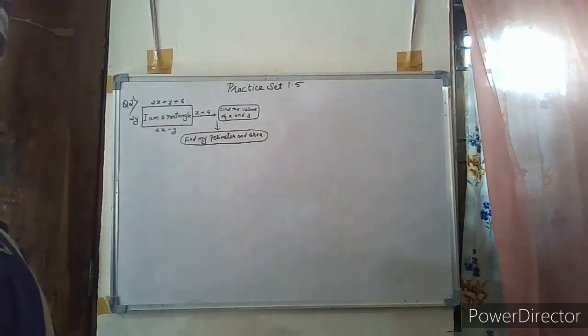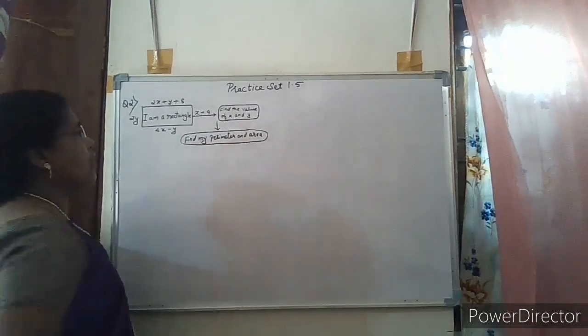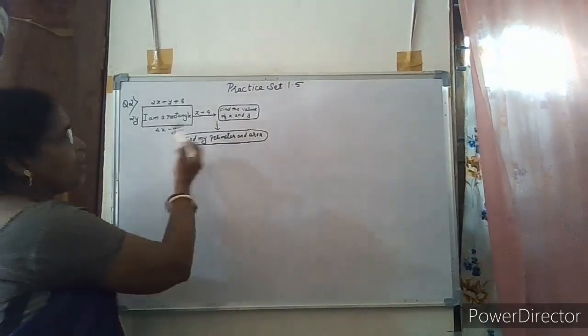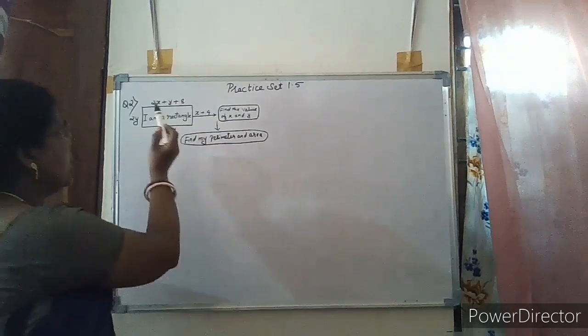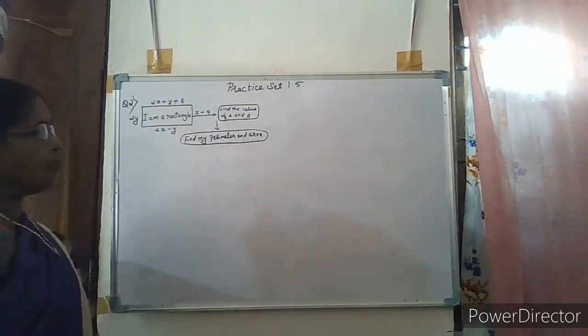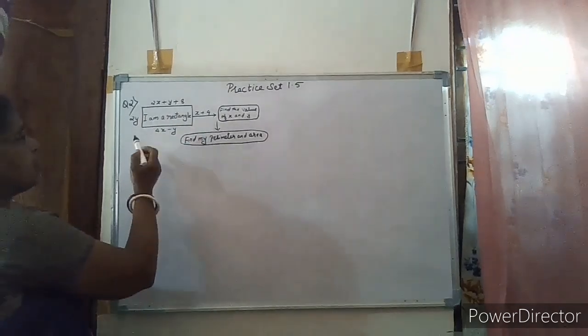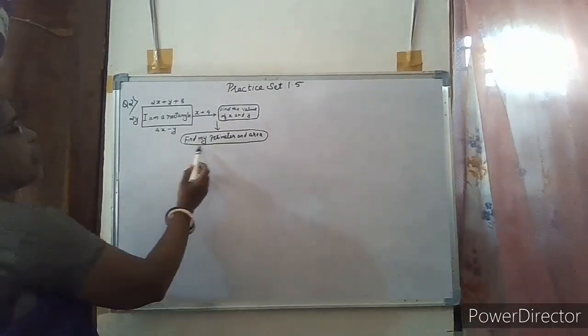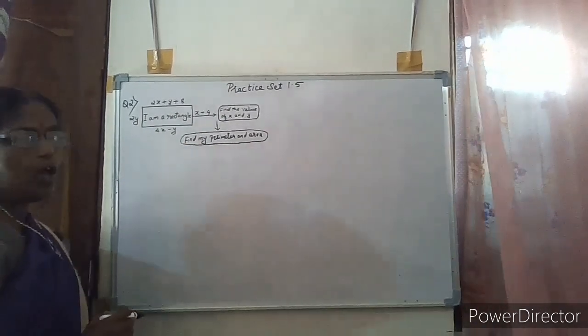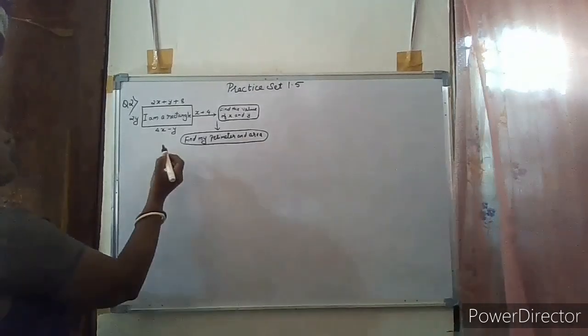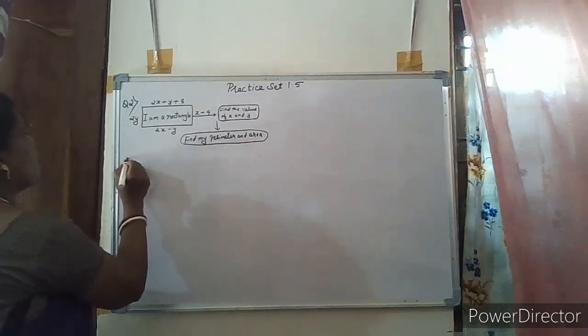When we get the x and y values, substituting them in these expressions, we can find the length and the breadth, and then we can find the area of the rectangle. So let us start now.